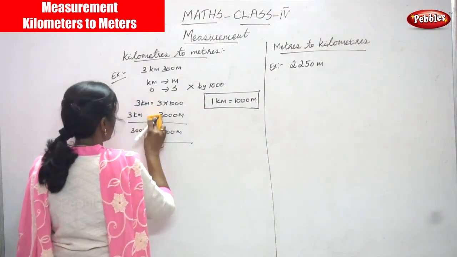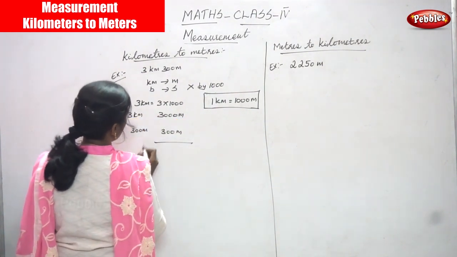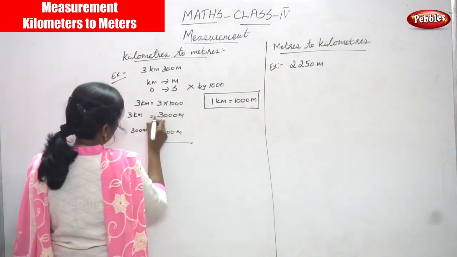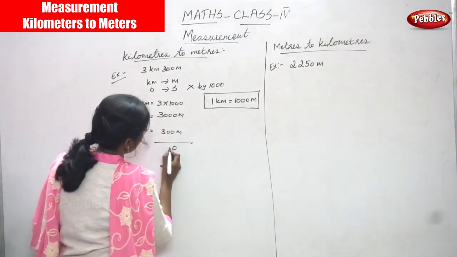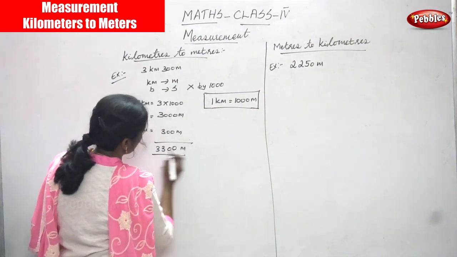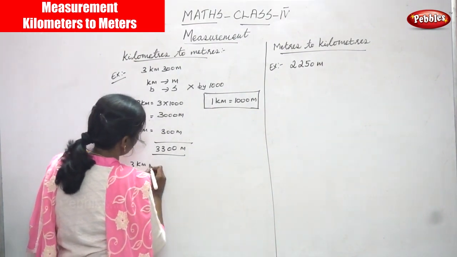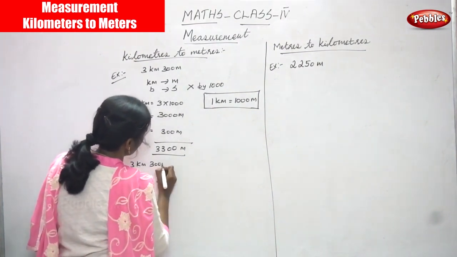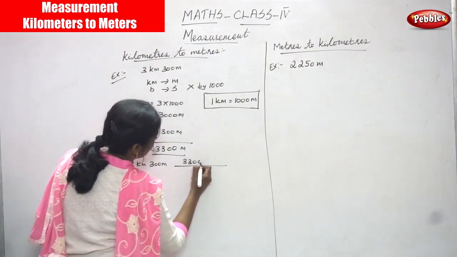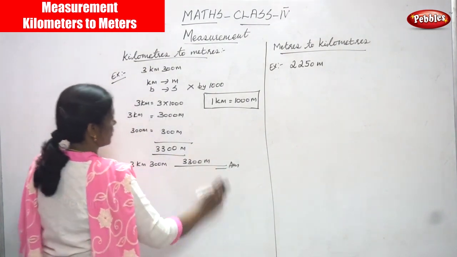That means 0 plus 3, that is 3300 meter. So 3 kilometer 300 meter converted into meter, the answer is 3300 meter. This is the right answer for the question.